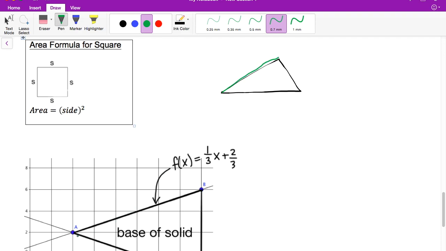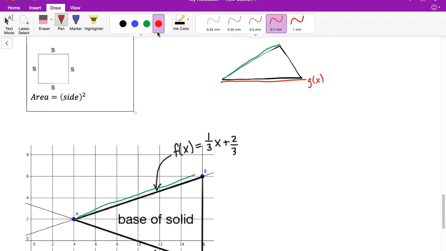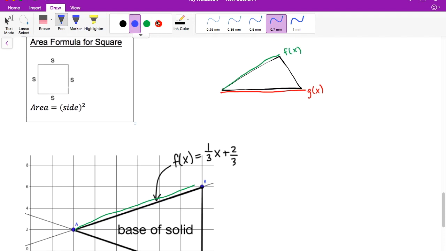This side corresponds to f of x in this drawing, and g of x corresponds to this. So that's g of x, and this is f of x.